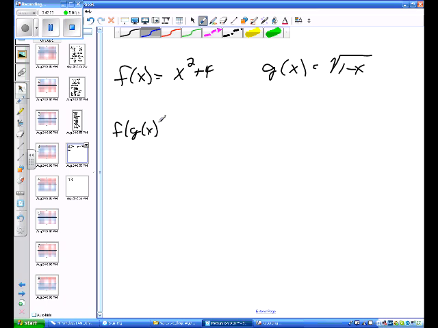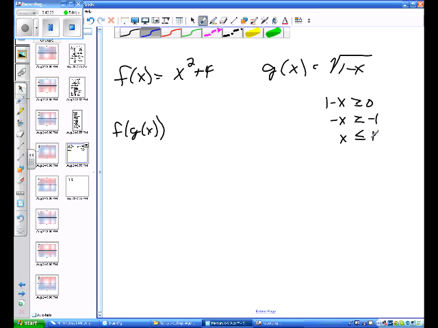So we're going to start with g of x and figure out what value of x would make g of x not be able to use. Well, we know that 1 minus x has to be greater than or equal to 0. So negative x is greater than or equal to negative 1. Dividing both sides by negative 1, we would have to switch our inequality.